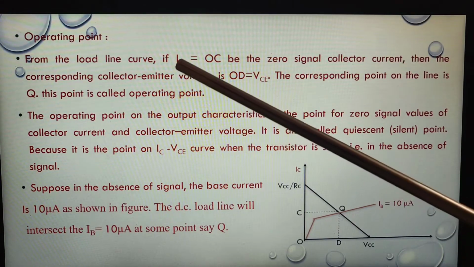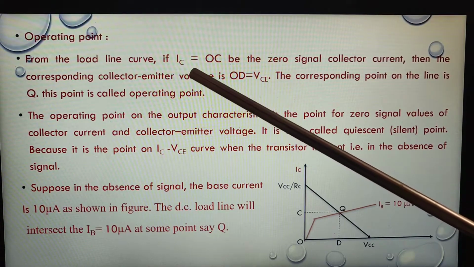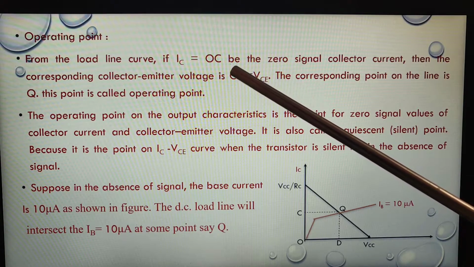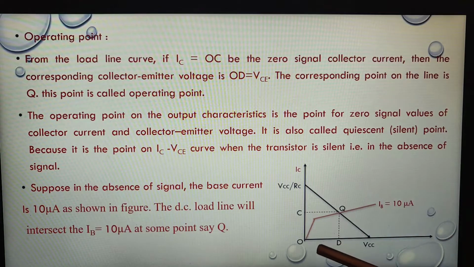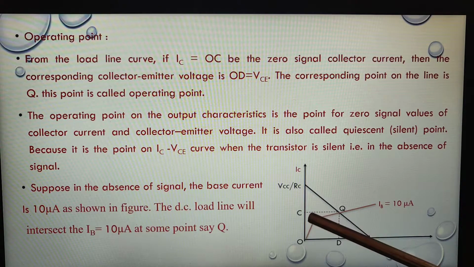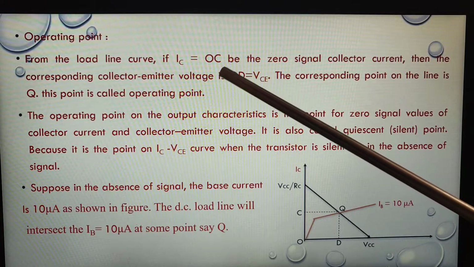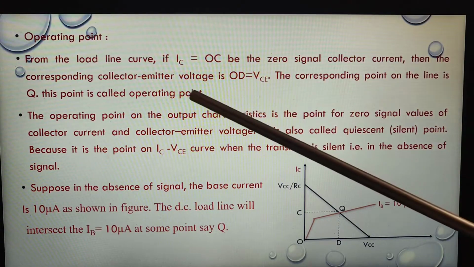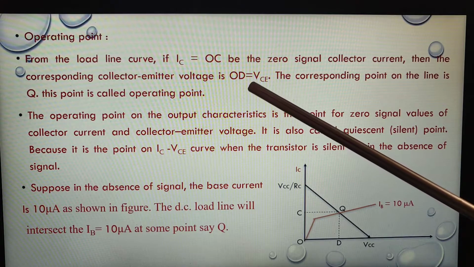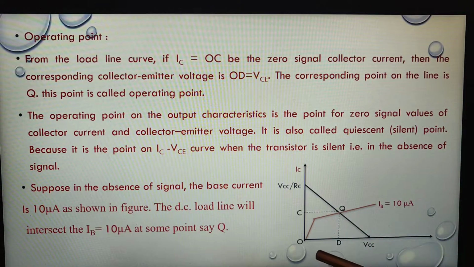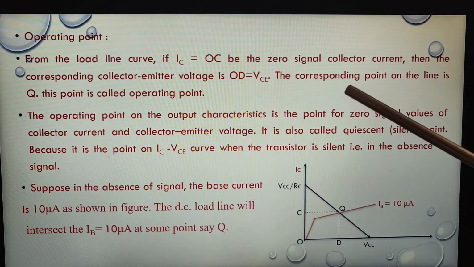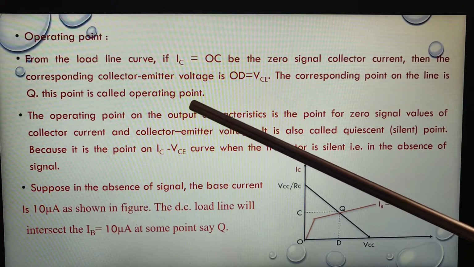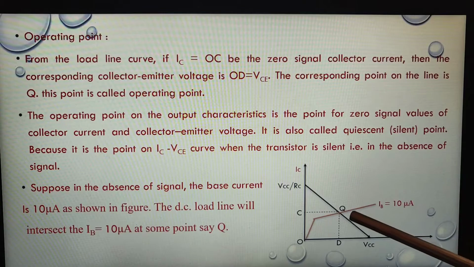Next we consider operating point. From the load line curve, if IC equal to OC be the zero signal collector current, then the corresponding collector emitter voltage is OD equal to VCE. The corresponding point on the line is Q. This point is called the operating point. So this is the Q point.